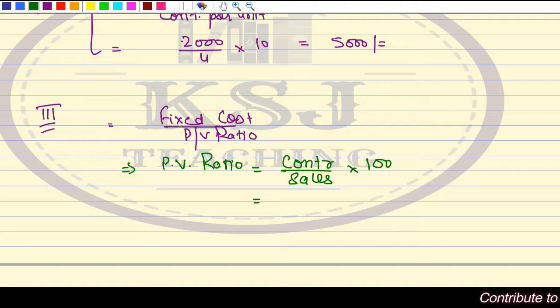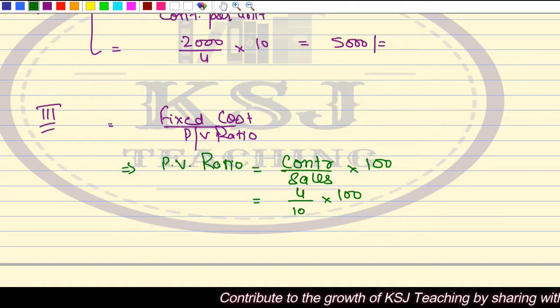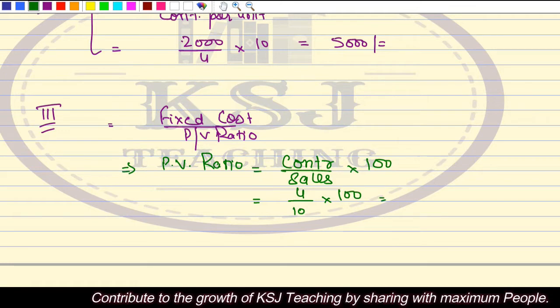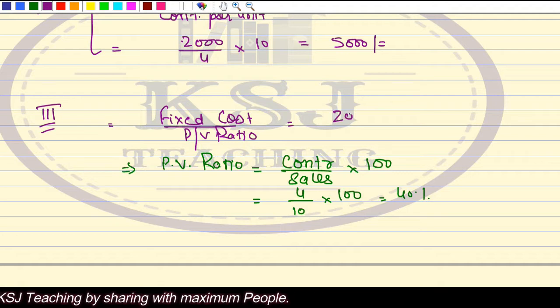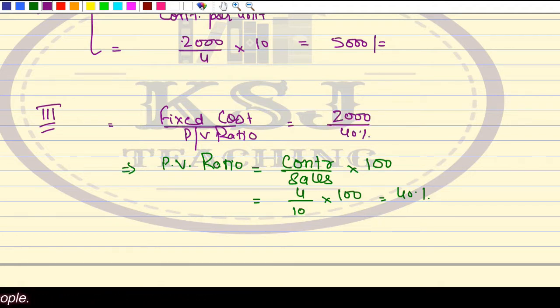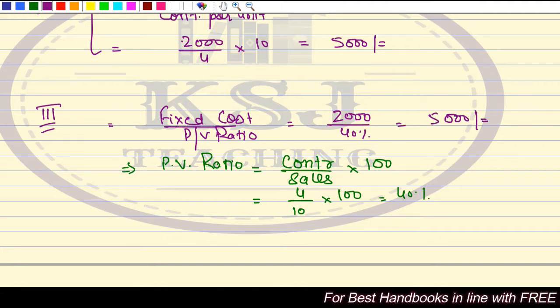So contribution is 4 rupees divided by 10 multiplied by 100, which comes to 40%. So we can say 2000 divided by 40%, which again comes to 5,000 rupees.